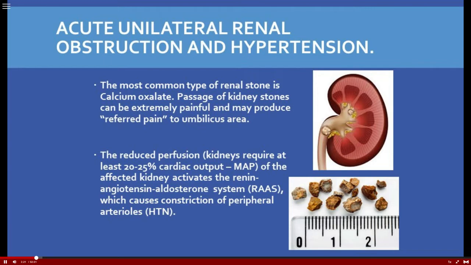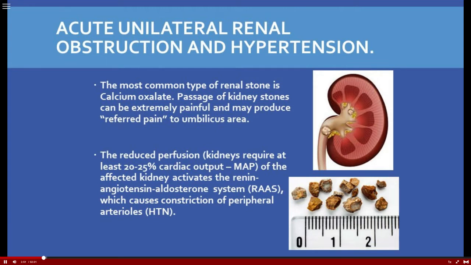Also, we know that an obstruction is going to decrease perfusion, right? And so perfusion to the kidney, because of that obstruction, is going to block that ability for good blood flow. And so we know what happens when those kidneys sense any kind of decreased perfusion for whatever reason, and we know that the kidneys expect 20 to 25% of that blood flow.